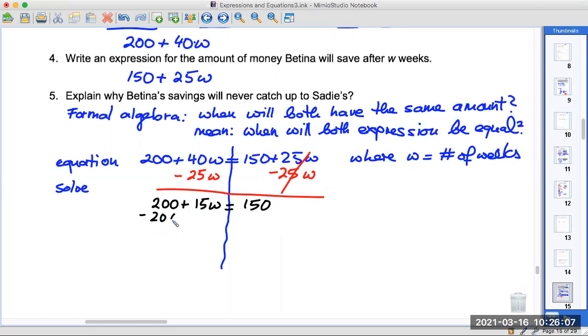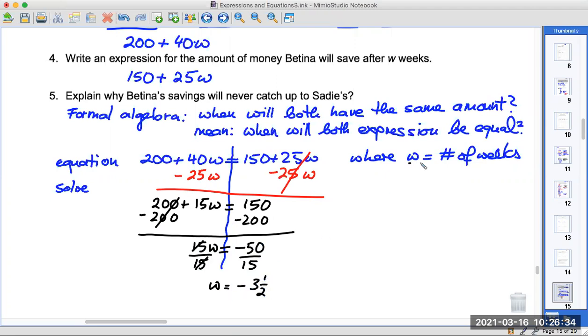Subtract the 200. 15W, 150 minus 200 is negative 50. Divide both sides by 15. W is a negative answer and it's 3.5.